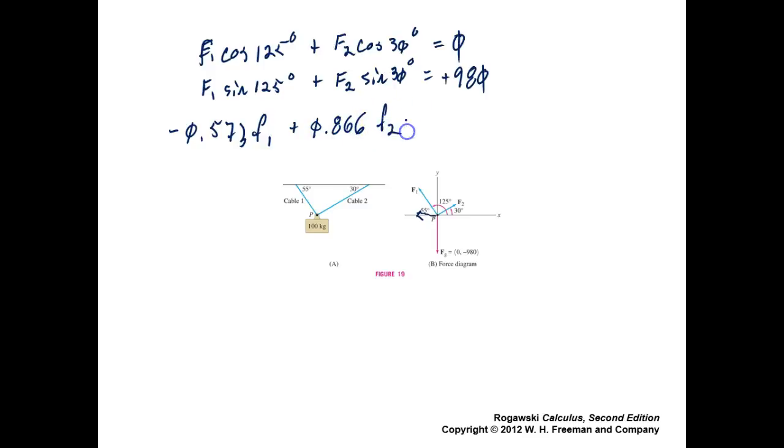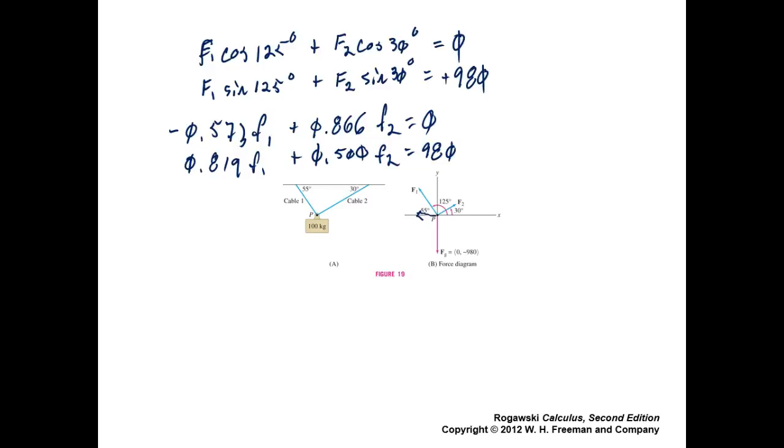Times little f2 equal to 0. And this one, what's sine of 125? 0.819 F1 plus, I know that one, don't you? 0.500 F2, and they put plus a negative, I'm just putting it equal to 980, moved to the other side.